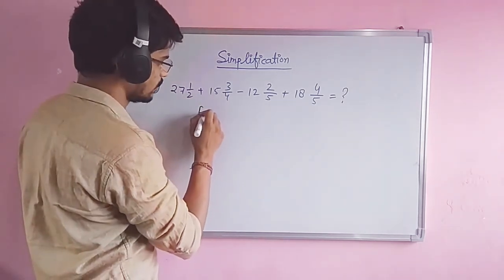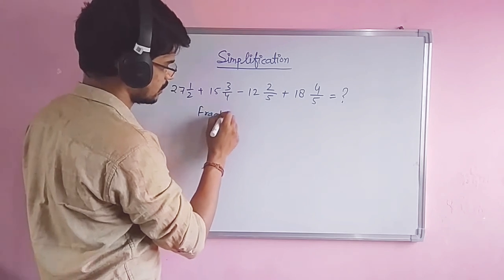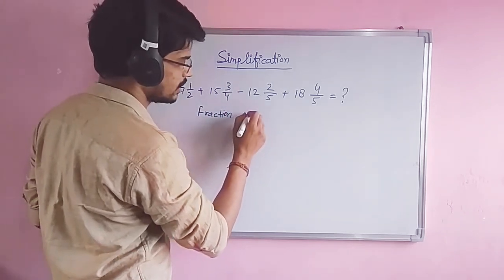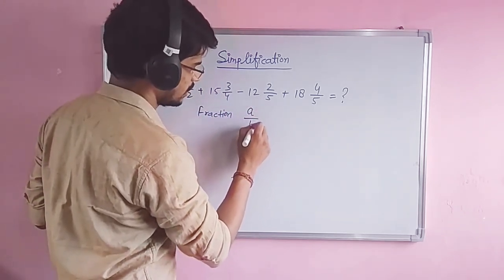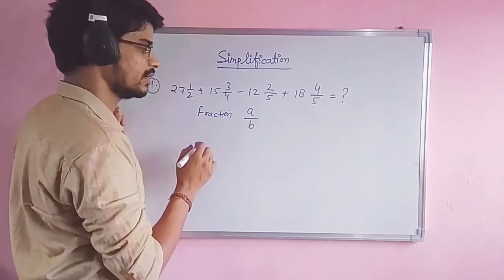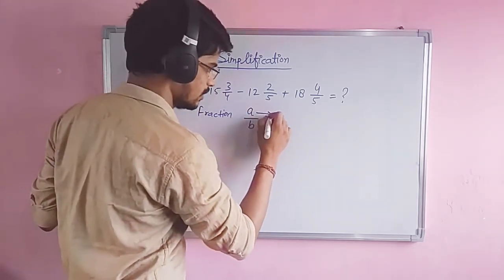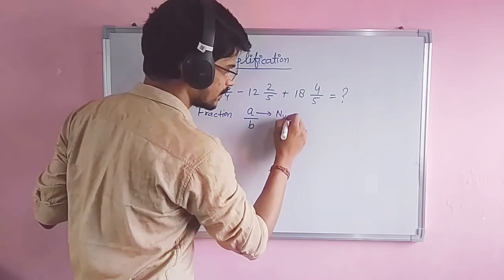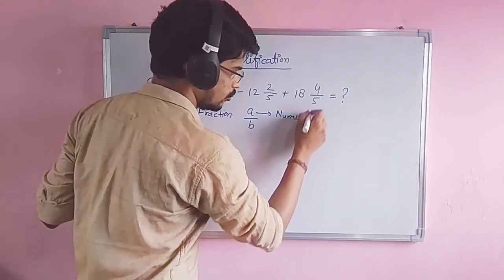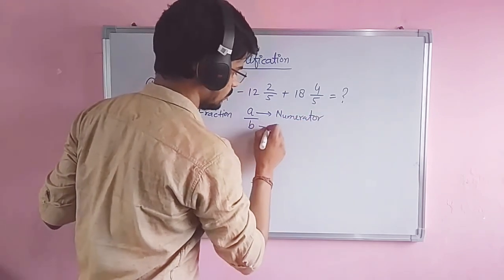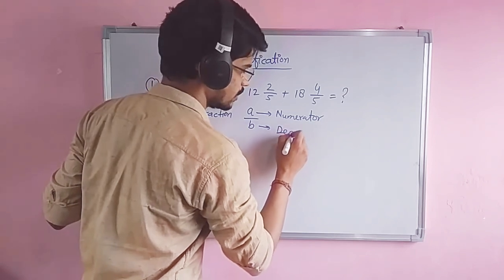First one is proper fractions. A fraction may be in the form a upon b, where a is the numerator and b is the denominator.